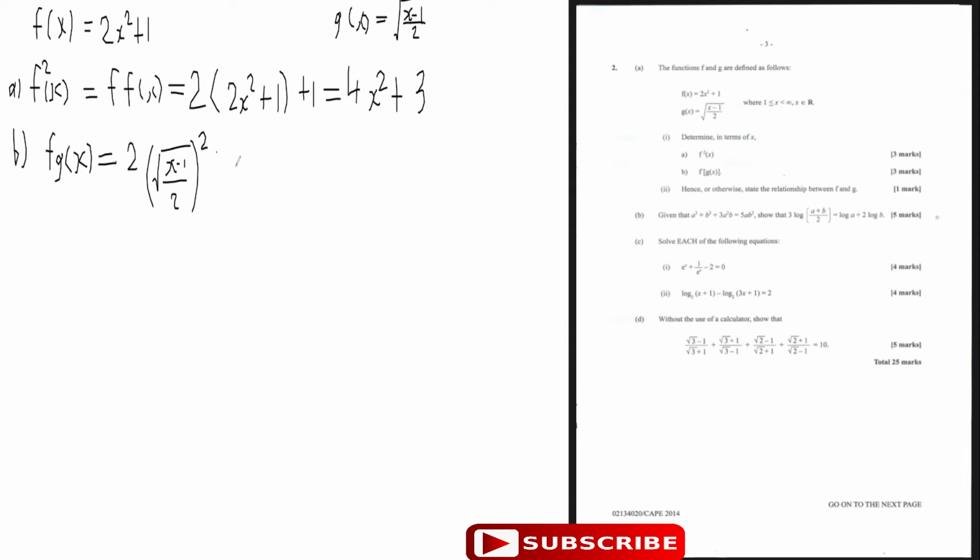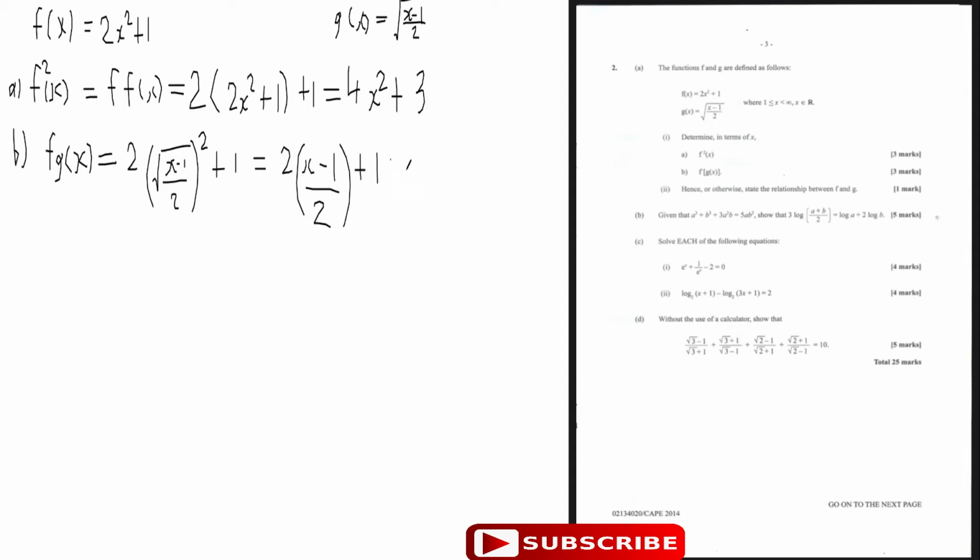When we work that out, the square cancels the square root, and so we're just left with 2 times (x minus 1) over 2 plus 1.